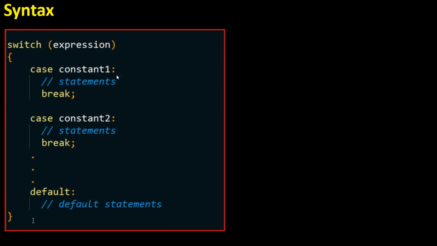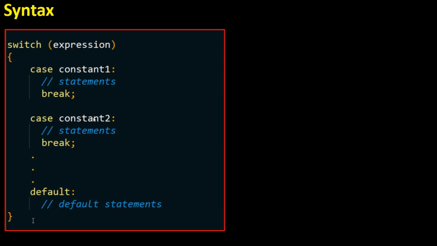How is this syntax working? The expression is evaluated just one time. This expression will be compared with the different cases, so it will be compared with constant 1, constant 2, etc., until all the constants are finished. If there is a match between the expression and constant 1, the statement after constant 1 will be executed and all the other constants will not be executed.